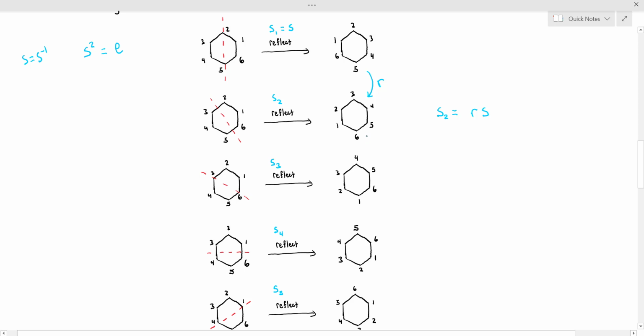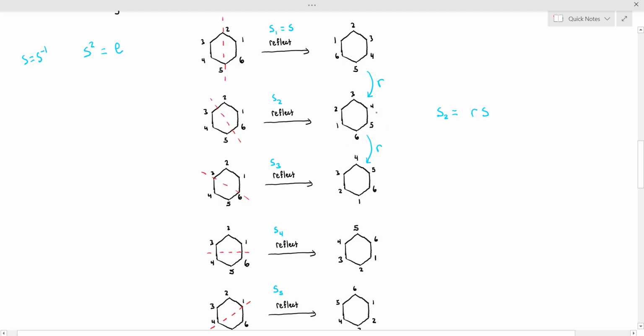Likewise, these two hexagons are also related by a simple counterclockwise rotation by 60 degrees. Again, notice that all of these vertices just need to shift over by 1 in the counterclockwise direction in order to get this hexagon underneath.